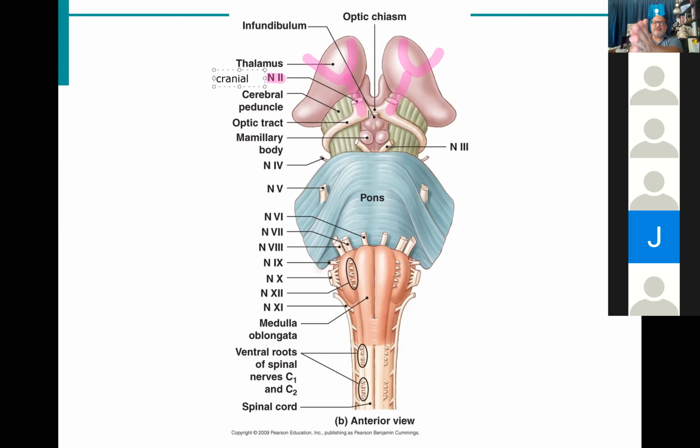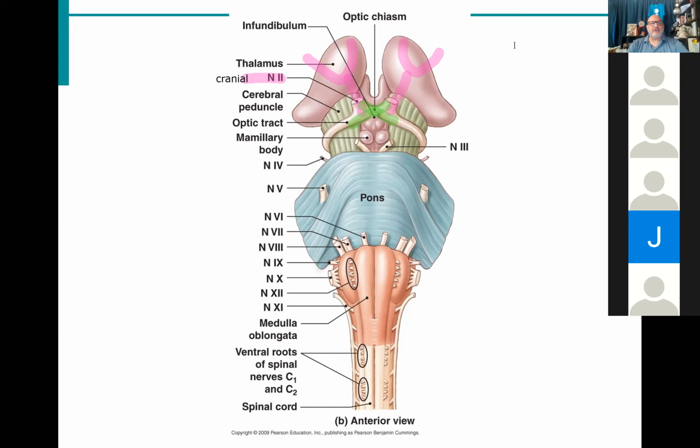And things I see, not from the right eyeball, but from the right side of the visual world, need to be processed on the left side of the brain. So remember, we have this region where there is a partial crossing of the axons. And this region with the partial crossing of the axons is what is known as the optic chiasm.